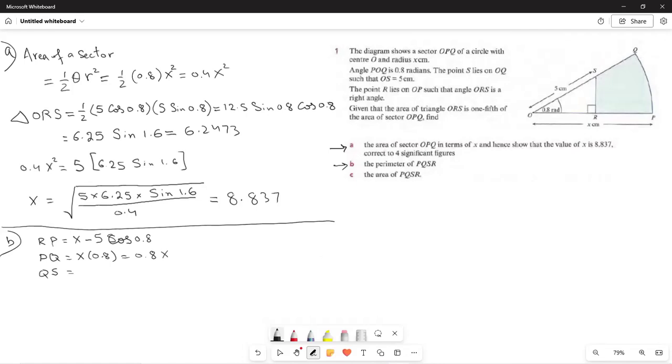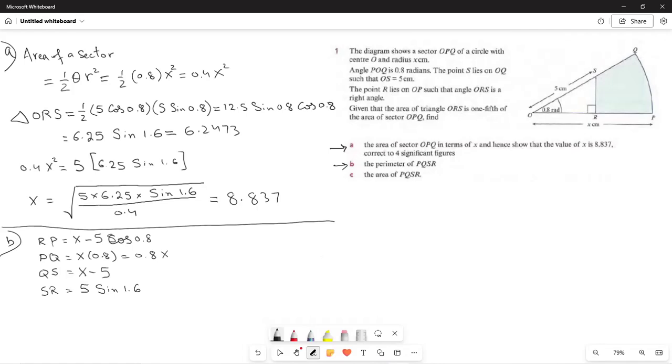QS is easiest. It is total length x minus 5, right? And then SR, which is the perpendicular distance. So this is equal to 5 times sine of 1.6.